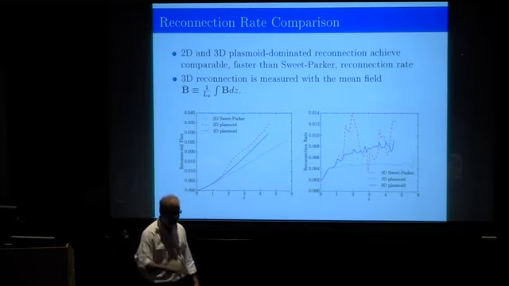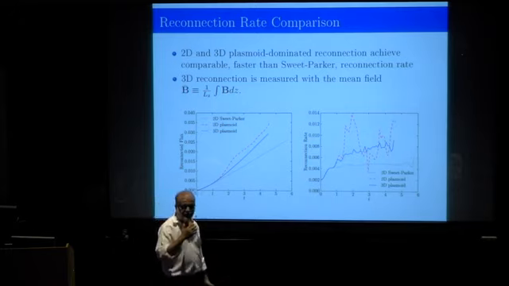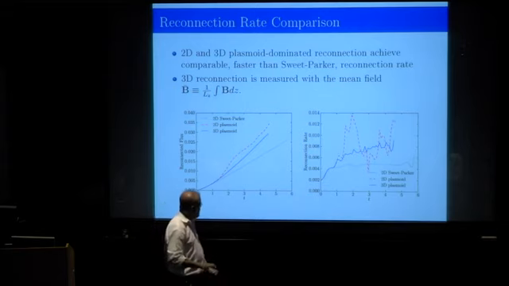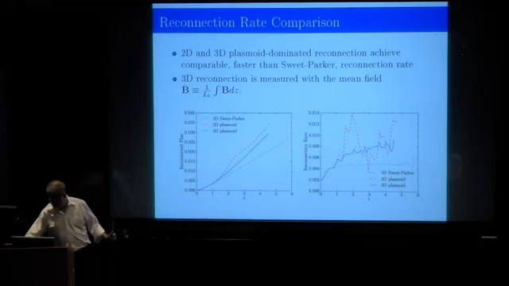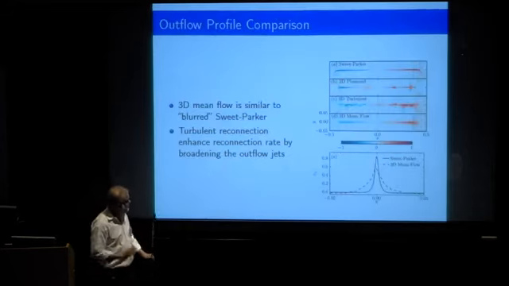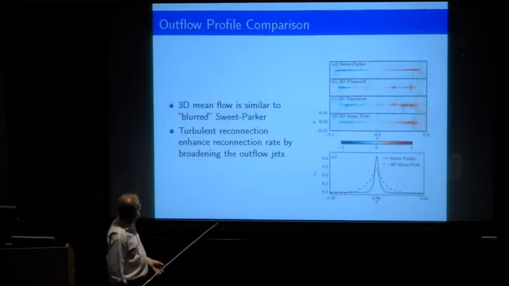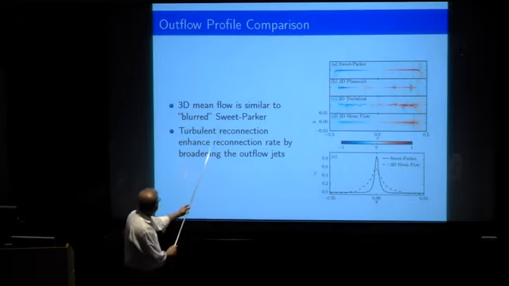In some cases, like the chromosphere, it may be completely fine. But if you need 0.1, resistive MHD theory, according to us, doesn't give that to you. What is going on in these systems is that the 3D mean flow is similar to a blurred Sweet-Parker.